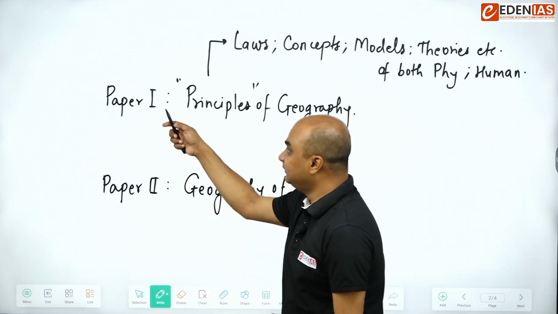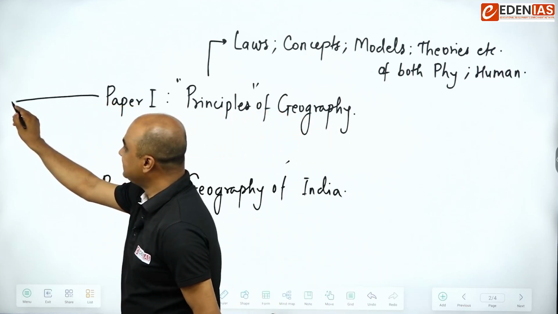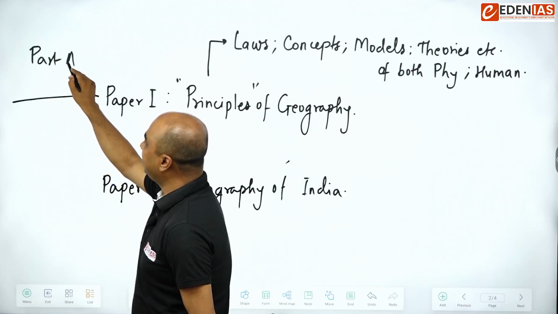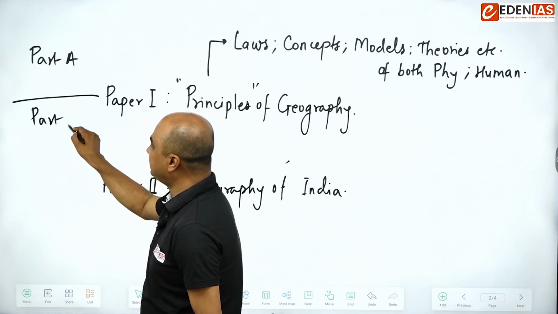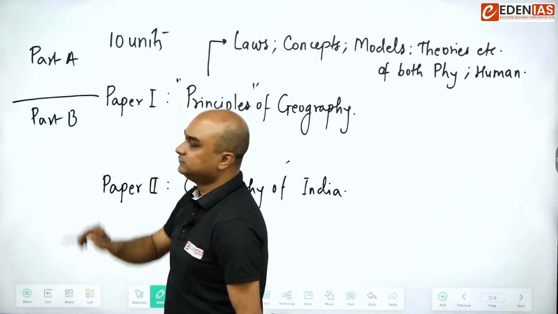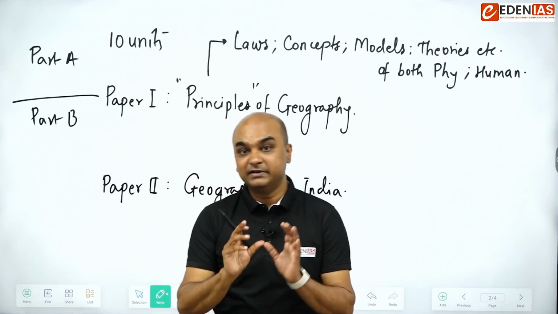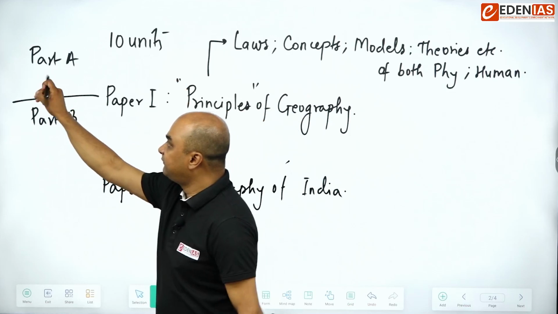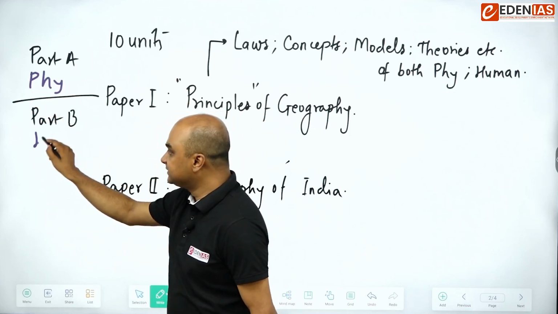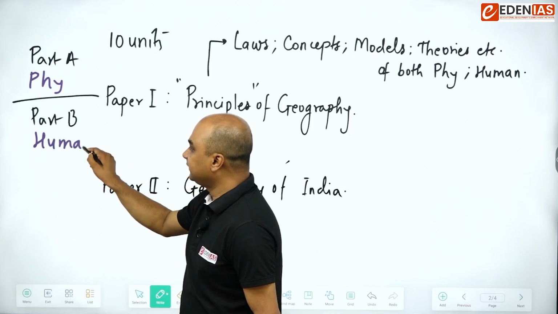In paper 1, you'll find that the entire syllabus is divided into two parts, part A and part B, and there are 10 units in paper 1. Part A completely deals with physical geography, whereas part B deals with human geography.